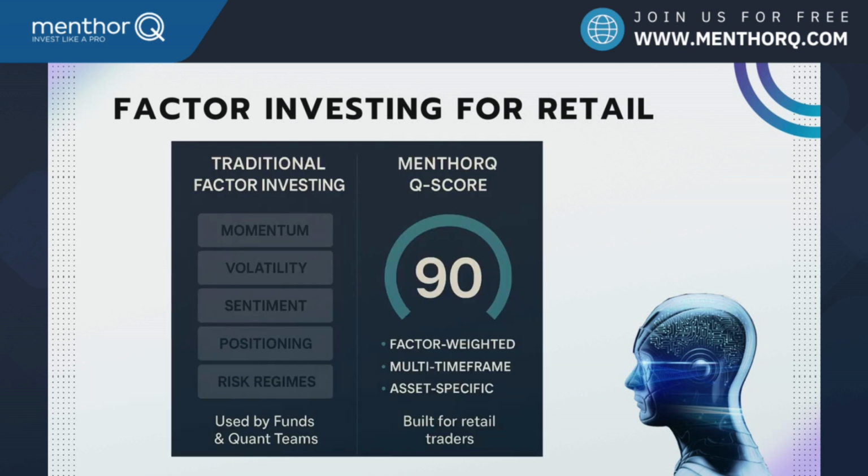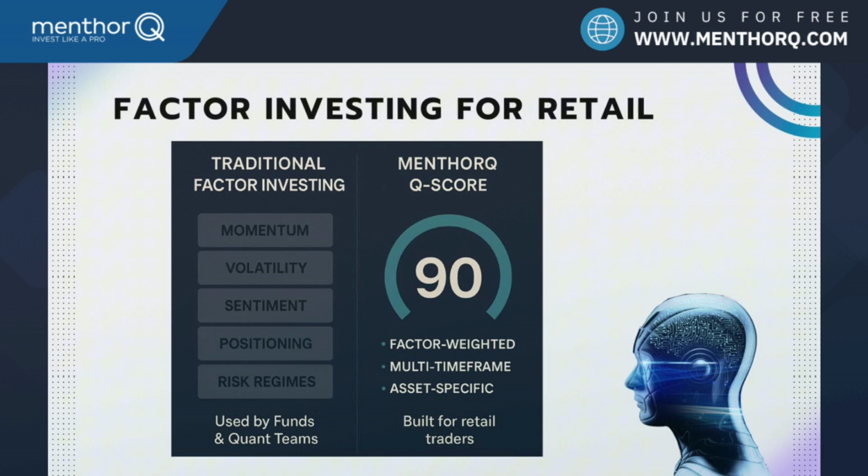So today we're going to talk about the MenthorQ scores, which actually bring the power of institutional factor investing directly to retail traders for the first time. This approach is traditionally used by hedge funds and asset managers. On the left-hand side, for example, you see some of the things that they look for.